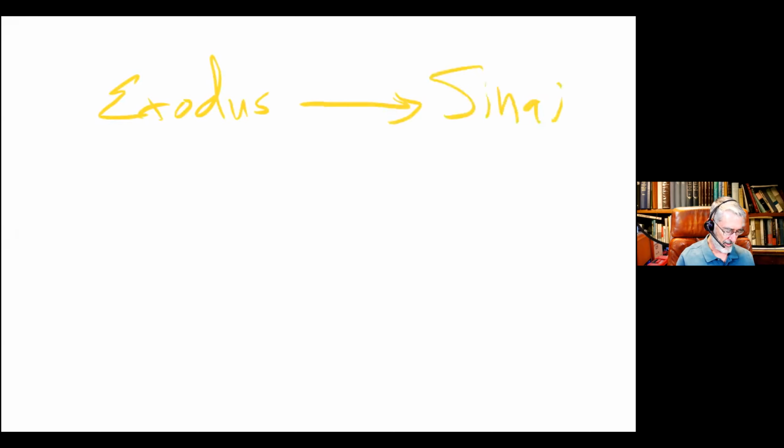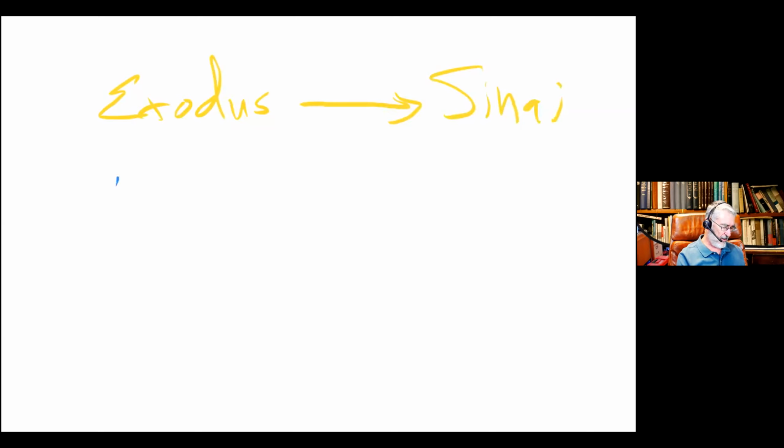When we think of the Exodus itself and the relationship to the law on Mount Sinai, there's a motif in ancient Near Eastern literature of the various other nations surrounding Israel that is a good parallel to the pattern of Exodus and then the giving of the law.